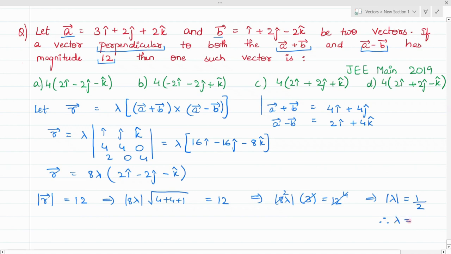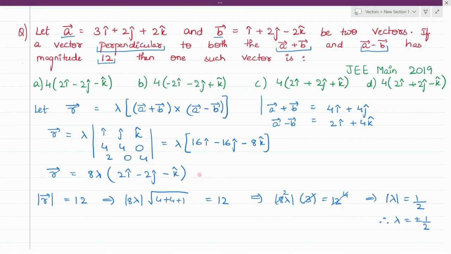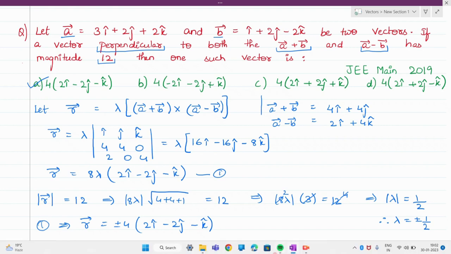Therefore, lambda can be plus or minus half. If you substitute lambda here, you will get r vector as plus or minus 4 into 2 I cap minus 2 j cap minus k cap. According to the options, only plus 4 is there, so the first option is the correct answer to this question.